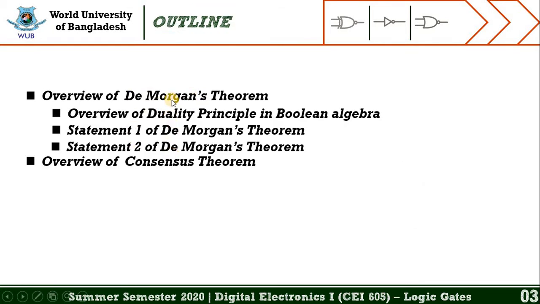This slide represents an overall scenario of this lecture, and you have already seen from the previous slide that you will know about the theorem of De Morgan's from this lecture. Another thing you will know from this lecture is the duality principle in Boolean algebra and also the consensus theorem. So let's start with the overview of De Morgan's theorem.